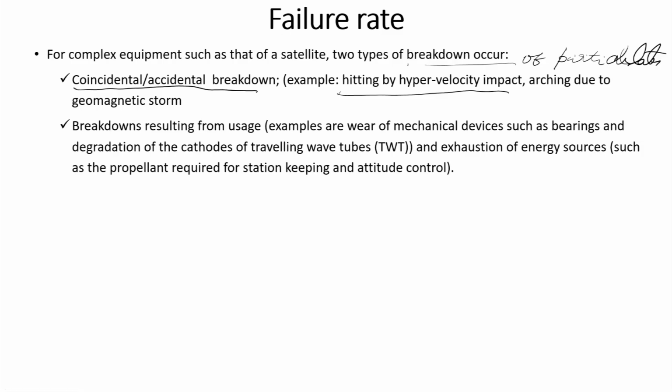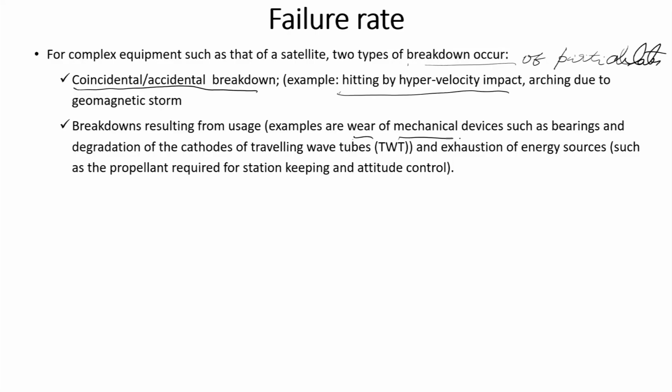The other type is the breakdown which results from usage. Usage means you are using it and then end of life will come. Examples are the wear of mechanical devices such as bearings and the momentum wheel, the degradation of the cathodes of the traveling wave tubes (TWTA), or the exhaustion of energy sources, for example the propellant required for station keeping and attitude control.